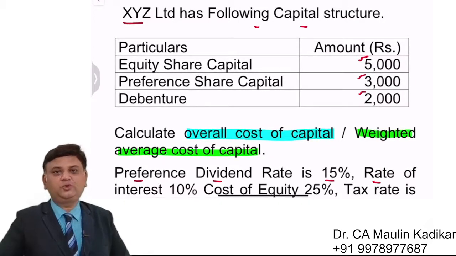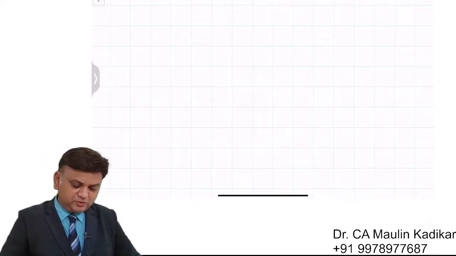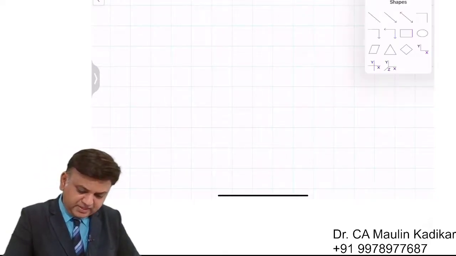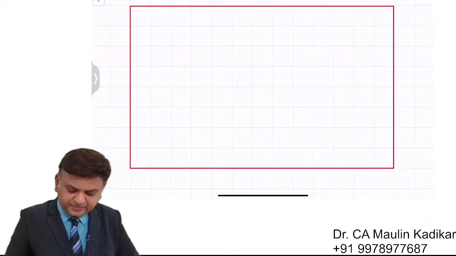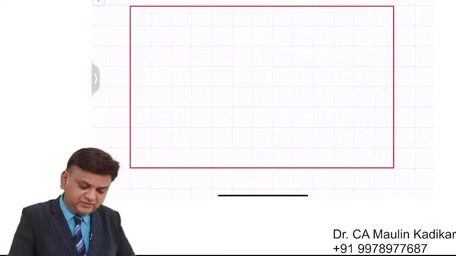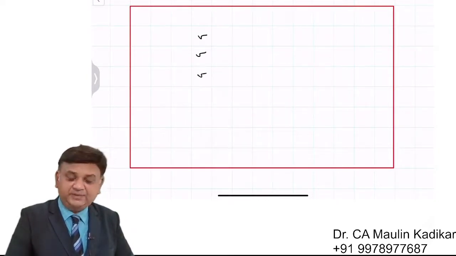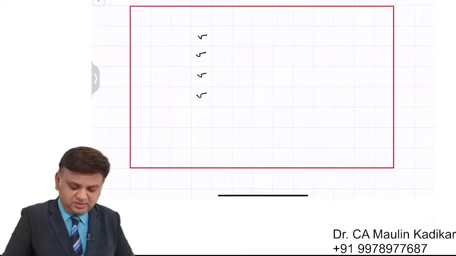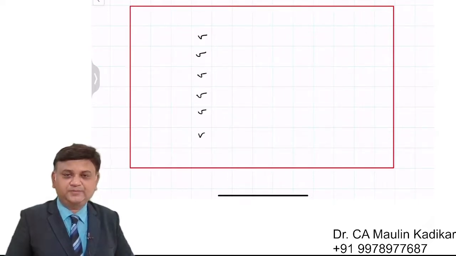I request all of you to go through the question, please. Everybody is requested to pay attention. Dear students, we have studied that a company is raising funds from different sources of finance: equity share capital, retained earning, preference share capital, debentures, term loan, and maybe some other sources of finance.